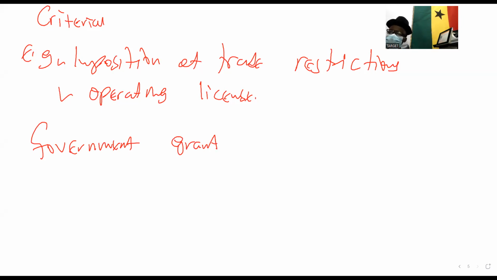When you say government grants, they are assistance by government.